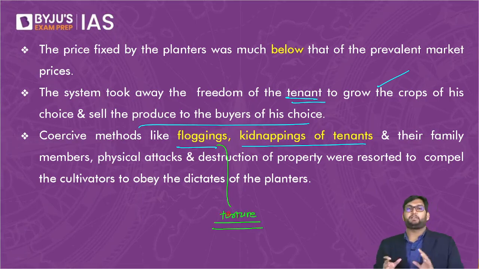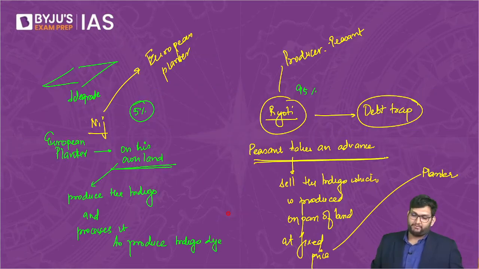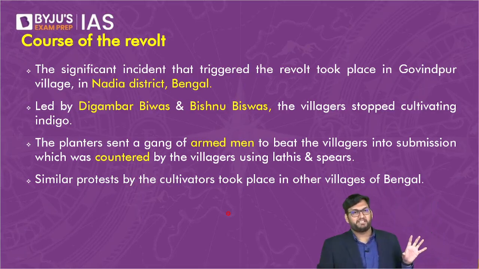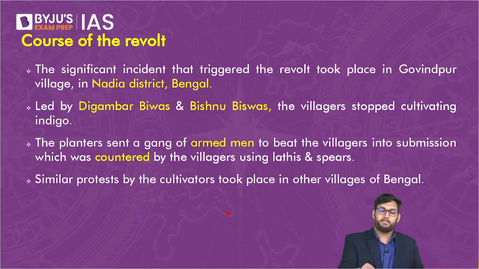And now it was very evident that the peasant was suffering. However, there will be a major revolt which will be triggered in the Govindpur village of the Nadia district of Bengal.